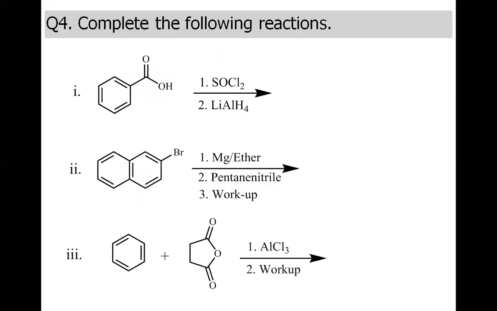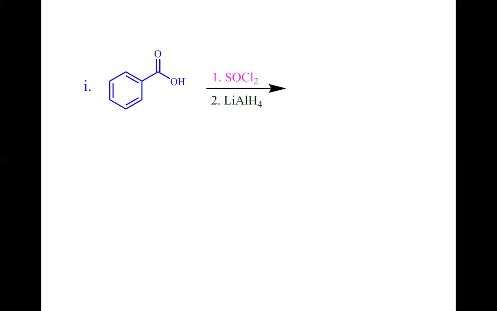Well, the fourth question was about the completion of the reaction. So let's discuss the first case. It was benzoic acid that is the starting material, and it is a two-step reaction. In the first step, it was treated with thionyl chloride and then lithium aluminum hydride.